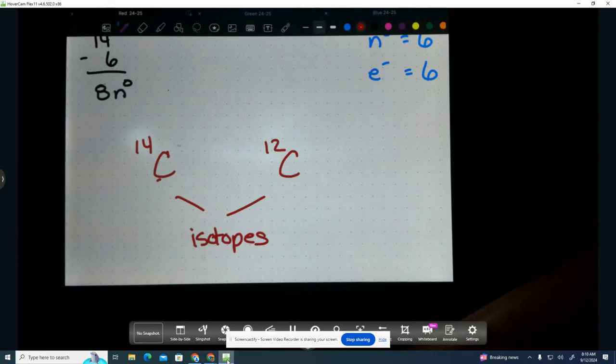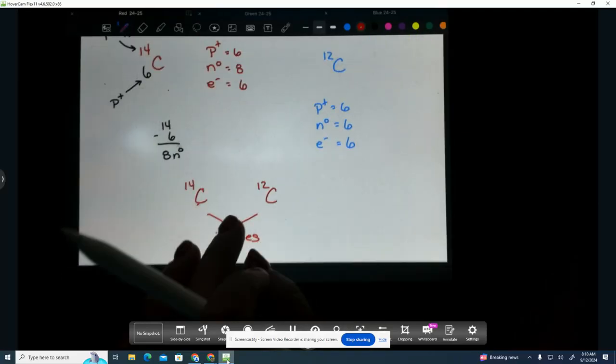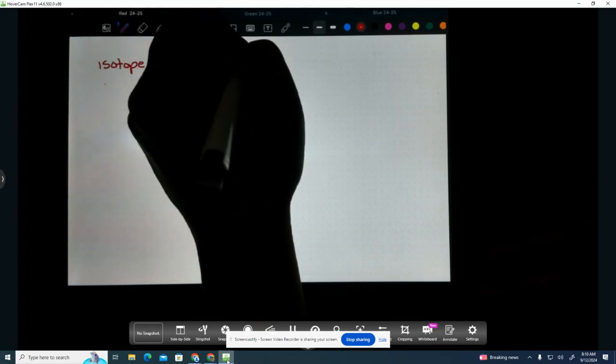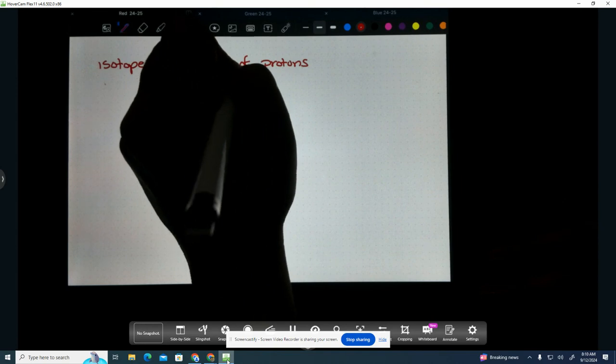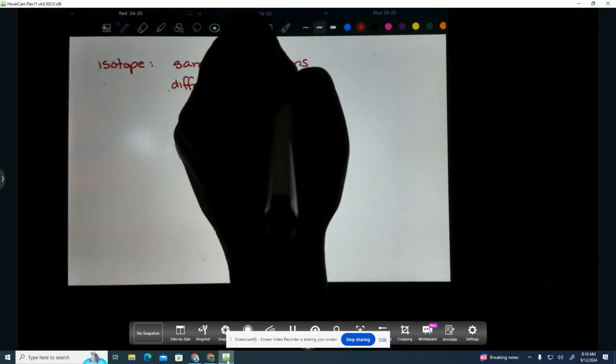Perfect. Let's write it. Isotope. You need to have this down. They have the same number of protons, and they have different numbers of neutrons.